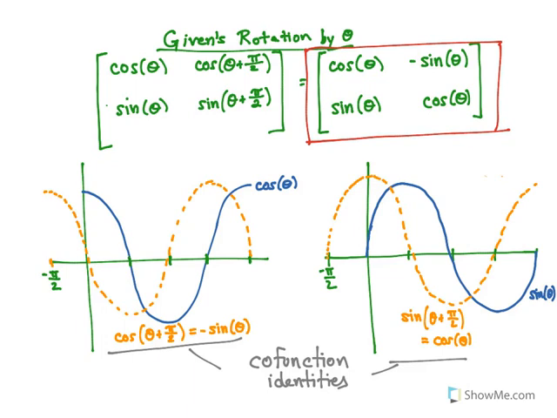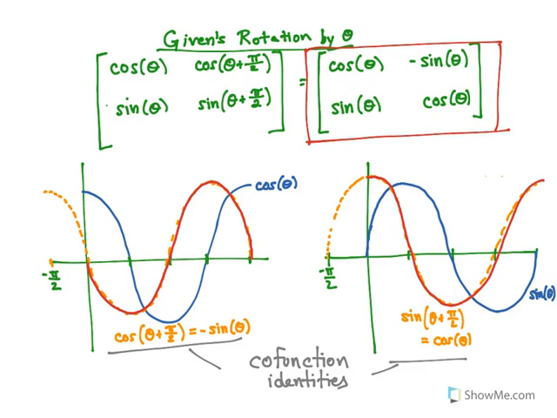And if I sketch that function out, the dotted yellow line here, that gives me cosine of theta plus pi over 2. We might be able to see that that's just the same thing as negative sine. It's sine flipped over the x-axis. That's where that first identity comes from. Cosine of theta plus pi over 2 is equal to negative sine. And furthermore, if I have sine of theta and I move it to the left pi over 2 units, that gives me exactly cosine out.